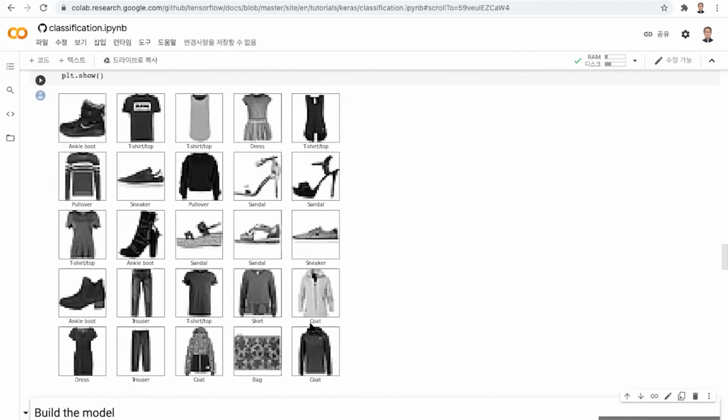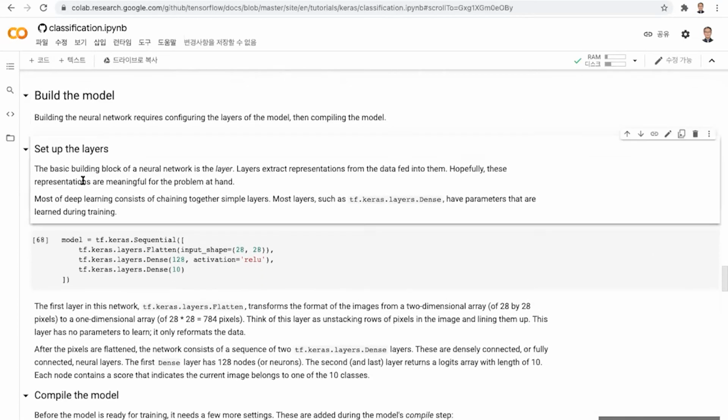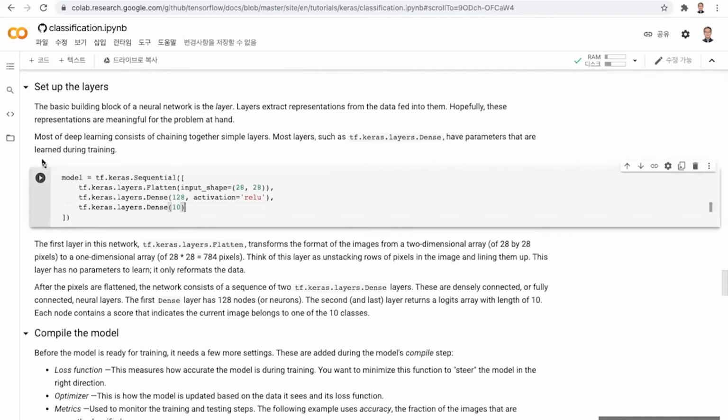We see that these are all different pictures, but for the computer, the first one is a bunch of numbers, the second one is another bunch of numbers, and so on. So our job is to connect each bunch of numbers to each class. So we want to build a model. How can you build the model? We know how to do that already.